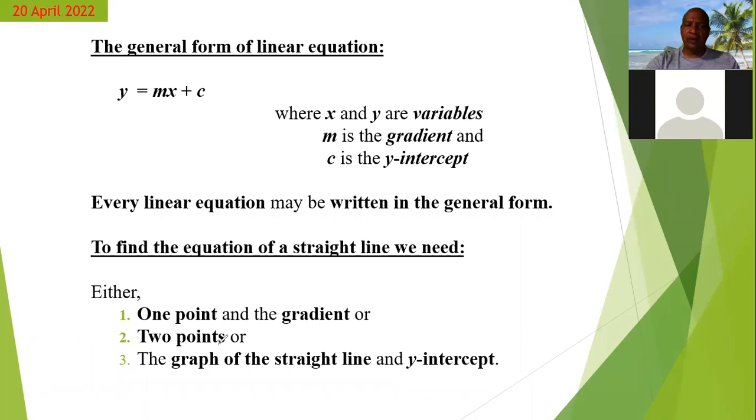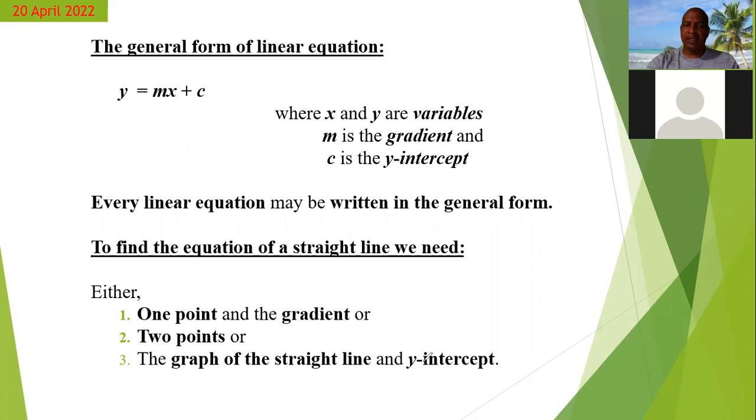Two, if we know 2 points, we can also use that to find the equation of the line. If we have a graph of the line, we can use that graph to find the equation of the line.